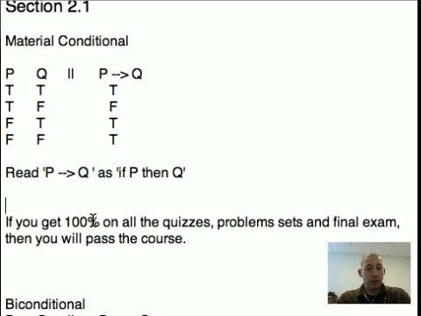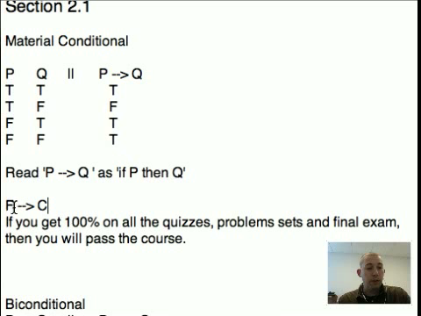We'll let F stand for the first part, getting 100% on all quizzes, problem sets, and the final exam. We'll have our right arrow, the material conditional, and then C, which stands for passing the course.